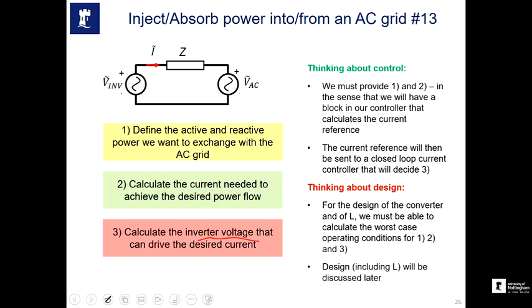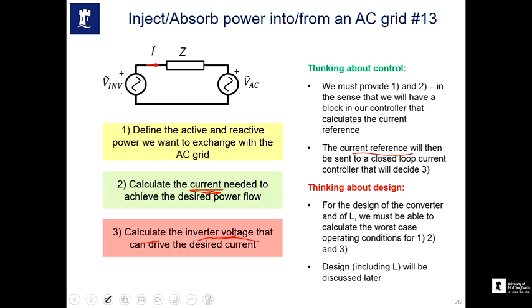So in terms of steps, we do the 1 and 2 first, then the current reference. After the second step, it will generate a current reference which will go to your closed loop controller, and the closed loop controller will make sure you generate a certain amount of voltage out of the half bridge or full bridge inverter to achieve that power flow in the system.